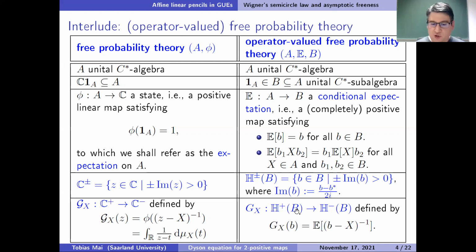And this can be shown to be a map from the upper half plane in B to the lower half plane in B. This is now, of course, a more complicated object because we have this B involved. It's not a scalar half plane, but it shares many properties like the scalar valued one. And by this, you can build up operator valued free probability very much in parallel to the scalar case. Okay, so this on the basics.